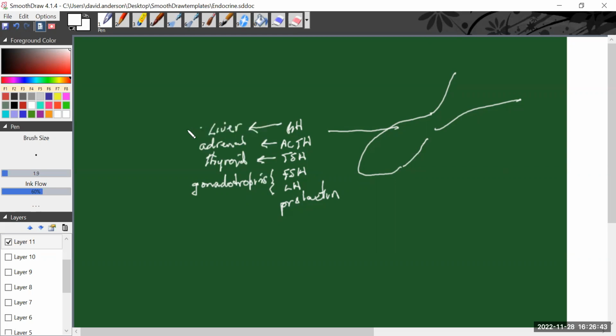And when it targeted the liver, we produce insulin-like growth factors. And those did what the growth hormone does directly: promoted protein synthesis, lipolysis, gluconeogenesis, glycogenolysis, right? Lean body mass growth. This was cortisol in the pathway, mostly.